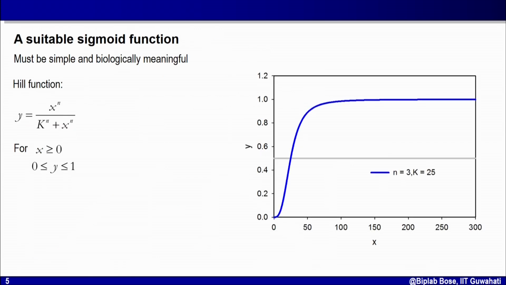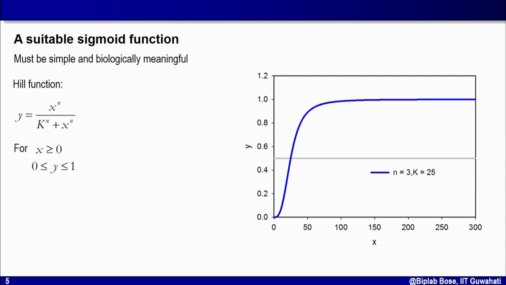Remember, you can write many different sigmoidal functions mathematically. You can imagine and write a function which will have sigmoidal input-output behavior. But we have to choose a function which is sigmoidal in behavior, at the same time very simple, and has some biological meaning.